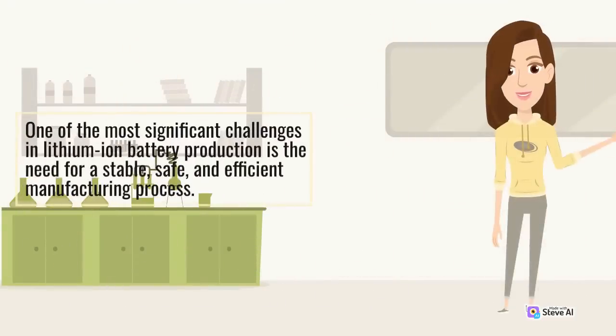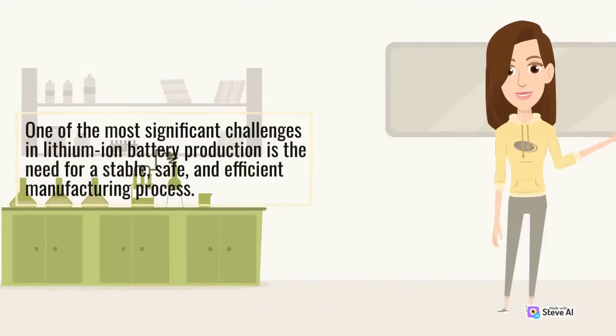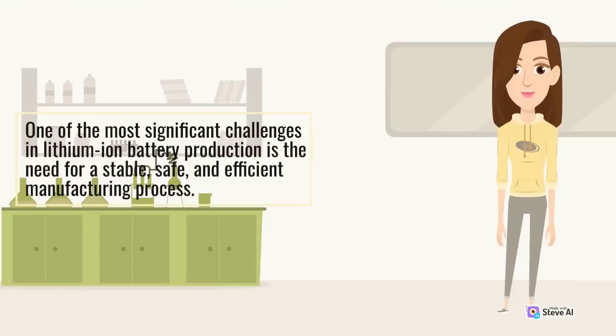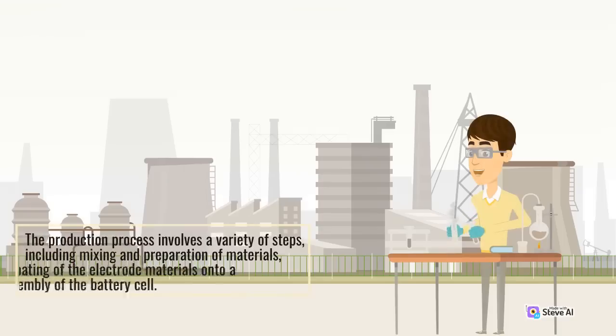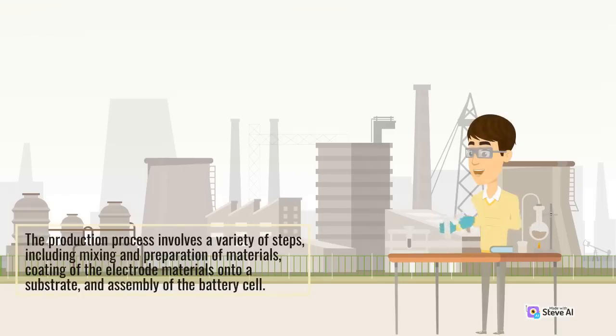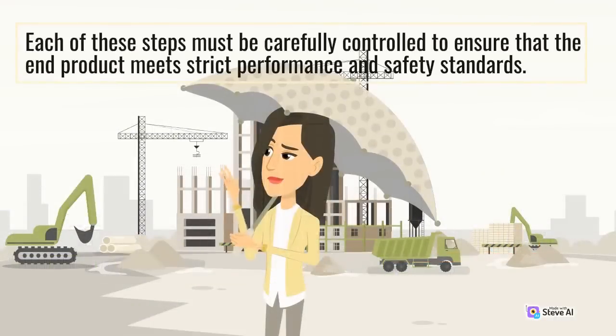One of the most significant challenges in lithium-ion battery production is the need for a stable, safe, and efficient manufacturing process. The production process involves a variety of steps, including mixing and preparation of materials, coating of the electrode materials onto a substrate, and assembly of the battery cell. Each of these steps must be carefully controlled to ensure that the end product meets strict performance and safety standards.